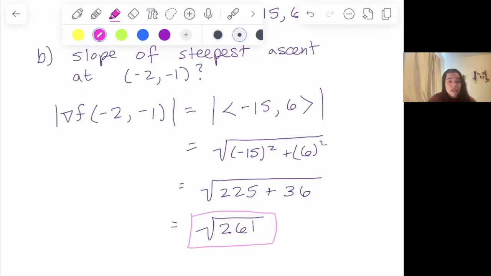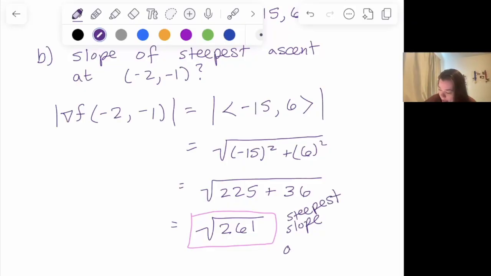So let's just talk one more quick second. What did you find? This is the slope of steepest ascent. So this is the steepest slope that you can find if you're located at the point -2, -1.